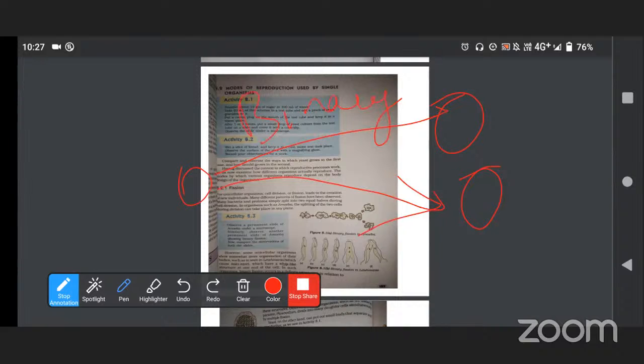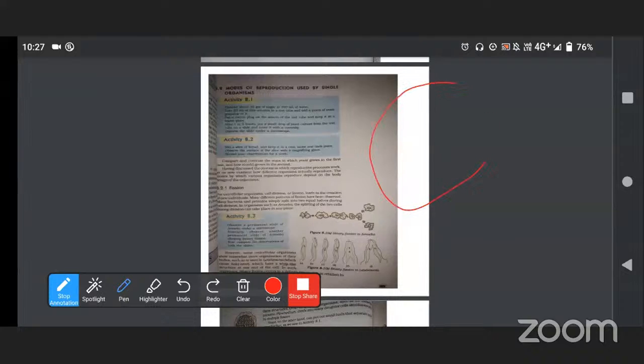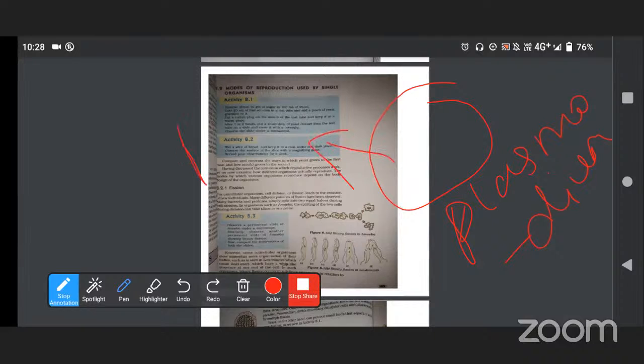Leishmania also reproduces by binary fission, and it causes a disease known as Kala-Azar. Another organism, like Plasmodium, produces more individuals from fission. That's why its fission is known as multiple fission. More than 2 individuals it produces.